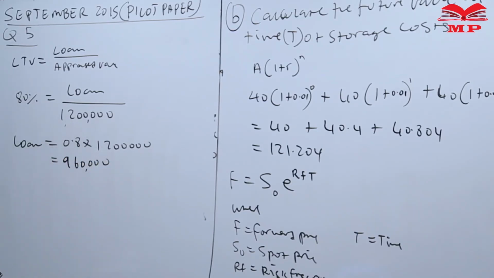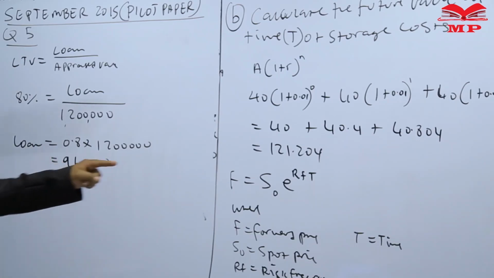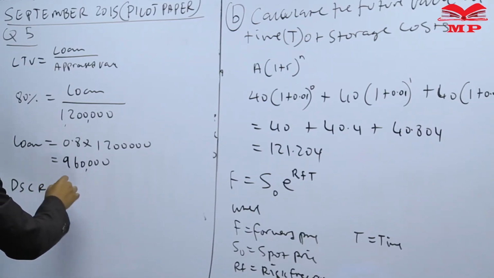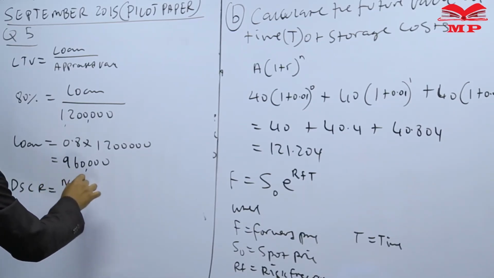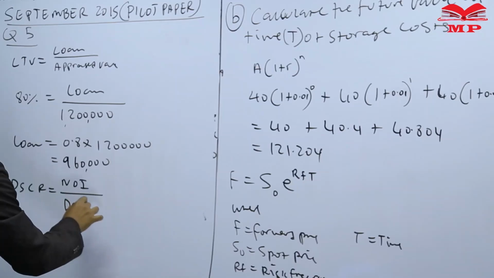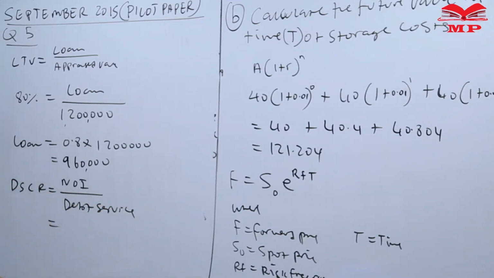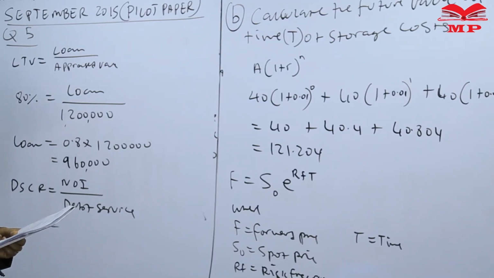That's the loan amount. Now, applying the debt service coverage ratio, which is given as the net operating income, NOI, over debt service. We have not been given the debt service, but we can see that the debt service coverage ratio is 1.5.